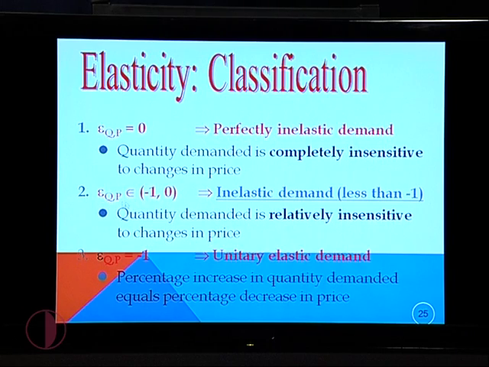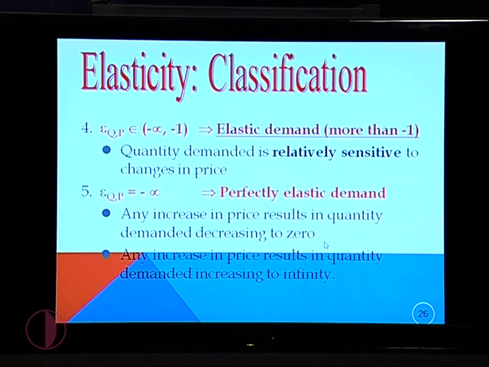If the elasticity is between -1 and 0, then it is of course inelastic demand, and the demanded quantity is relatively insensitive to the price changes. And if the elasticity is -1, then this is of course unitary elastic demand. The percentage increase in the quantity demanded equals the percentage decrease in the price.